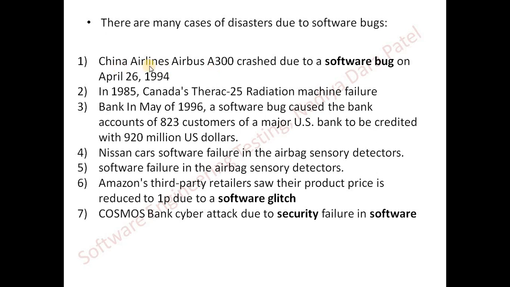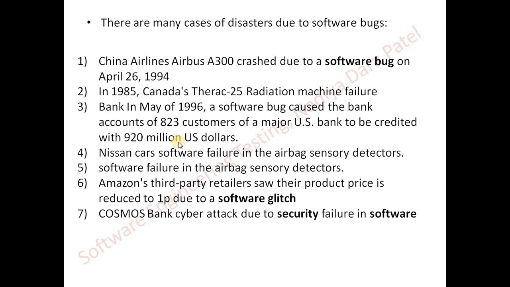China Airlines Airbus crashed due to a software bug. There was a radiation machine failure, where again there was loss of money and resources, and even loss of people's lives. There was a failure in a bank's software which caused the accounts of many customers to be credited with money.